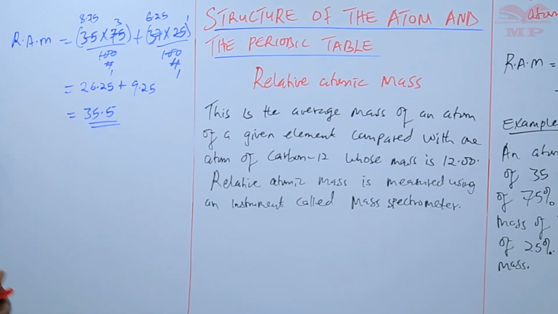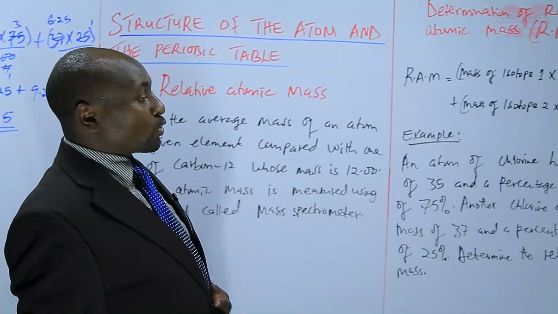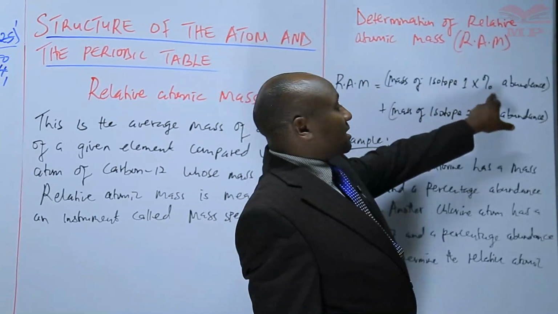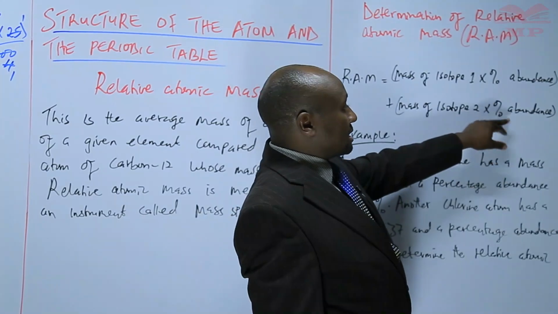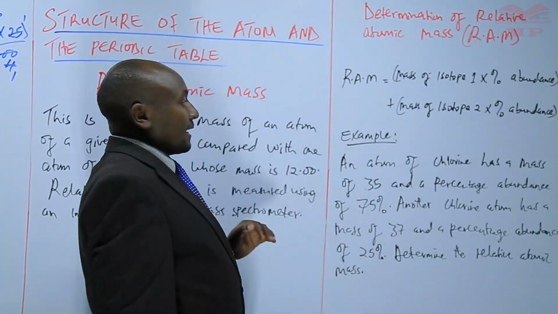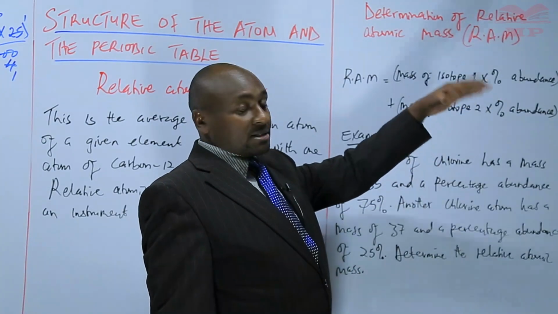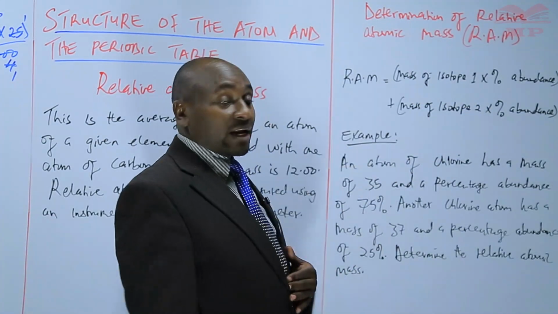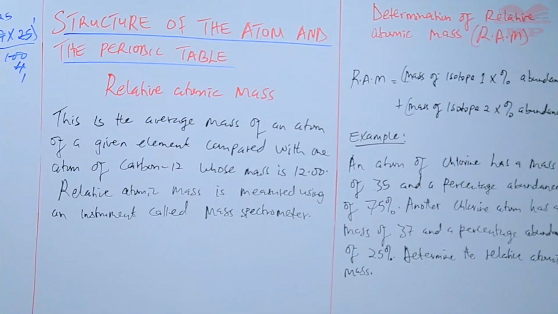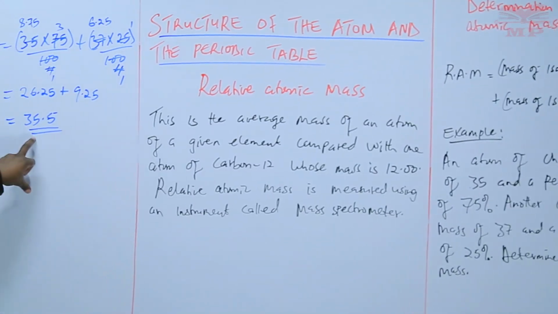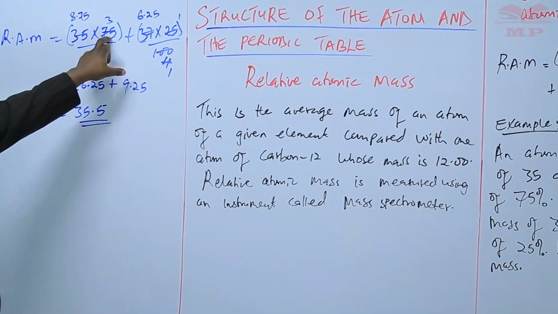So basically we are saying that the relative atomic mass is calculated by taking the mass of isotope 1 times the percentage abundance, plus the mass of isotope 2 times the percentage abundance. If there is isotope number 3, you say plus isotope number 3 times the percentage abundance, up to all the number of isotopes that are present. Now, the answer that you get should be closer to the mass of the isotope that has the highest percentage abundance.